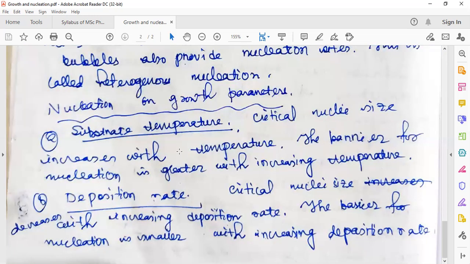Remember: higher substrate temperature means it is difficult to get the desired nucleation, and obtaining the thin film will take even longer. The barrier of nucleation is greater with increasing temperature, so the higher the temperature, the more difficult nucleation becomes, and subsequently the growth of the thin film.